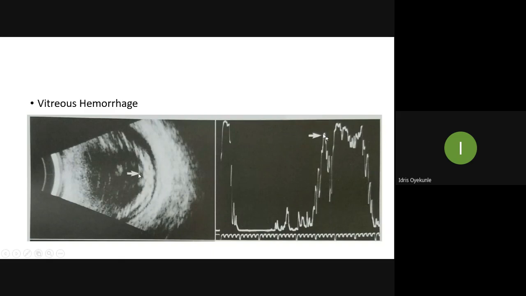And there's a gradual increase in the height of the spike, which shows that there's some blood here sending echoes back, seen as gradual increments in the spike up to the most dense part of the hemorrhage, which is seen here. And it's a broader reflective spike, not the very narrow spike that we see in PVD or in the opacities from asteroid hyalosis.